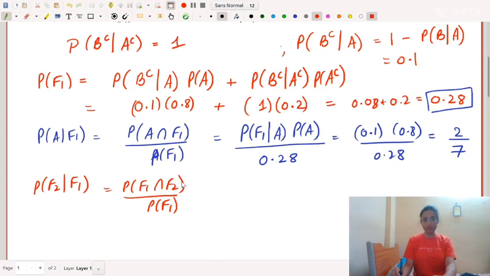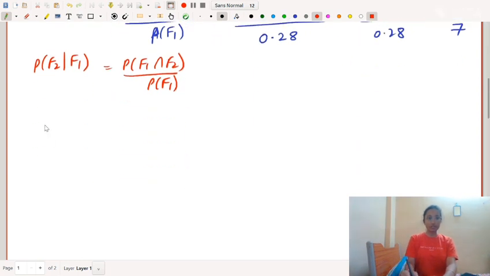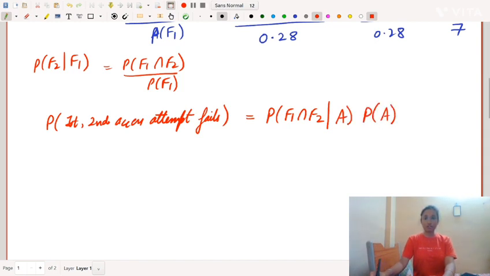We'll calculate it as the probability that the first and second access attempts fail, which is probability that F1 intersection F2 given server is working and probability of server is working, plus probability that first and second attempts fail given server is not working and then probability of server not working.